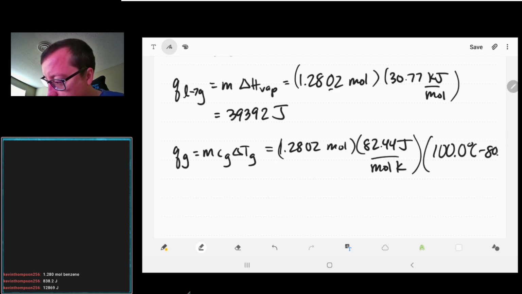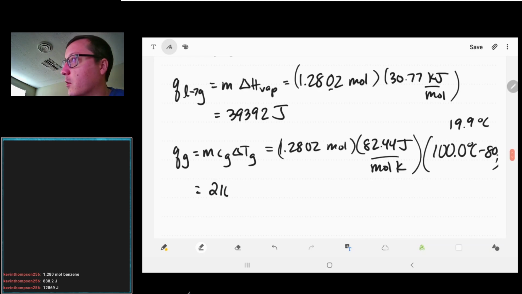Oh gosh. Well, that's 19.9. I just have no room. 82.44 times 19.9. Doing this, you get 2100 joules. Woo, how exciting.